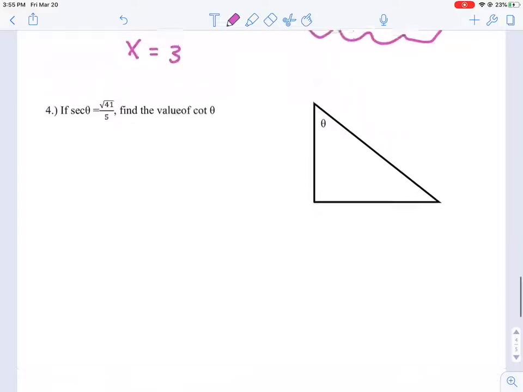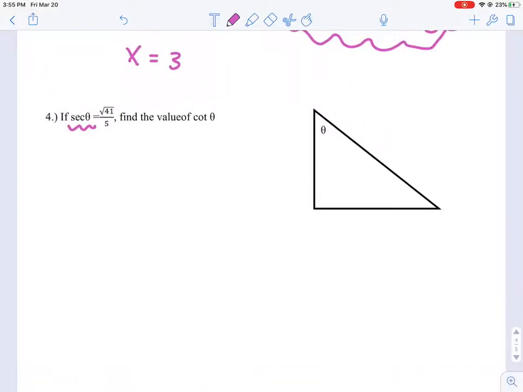Okay, last one, secant. I know that secant goes with cosine. And cotangent, I know cotangent goes with tangent. So again, SOHCAHTOA.